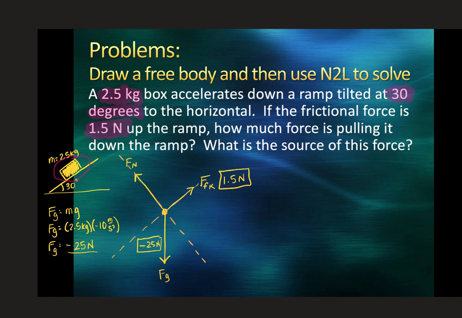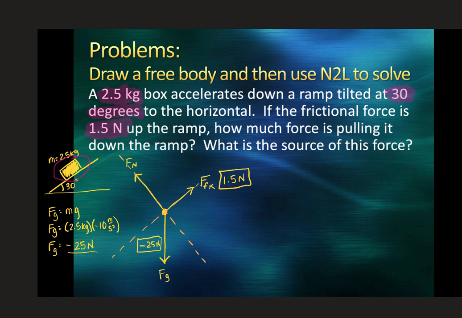Now, what this also means is that what would have been that x-axis is now parallel to the surface of the ramp. And so many times in these problems, it's easier to talk about not x and y directions. It's easier to talk about parallel directions and perpendicular.